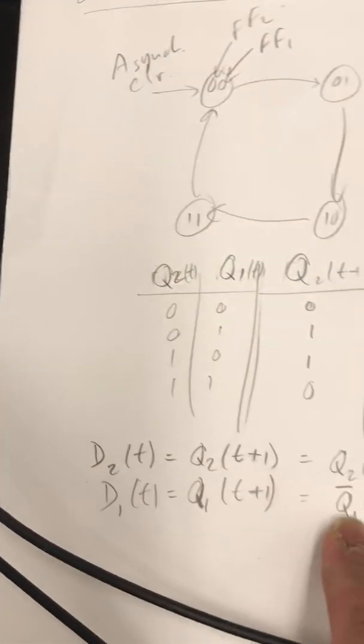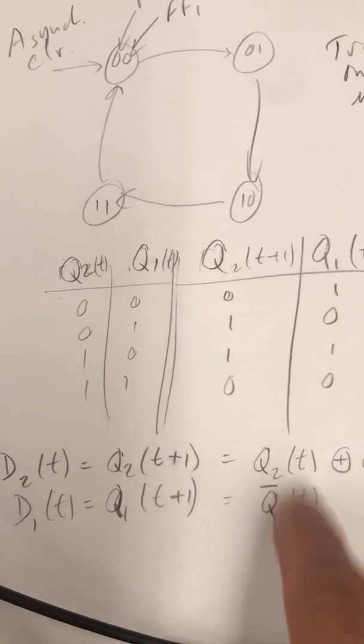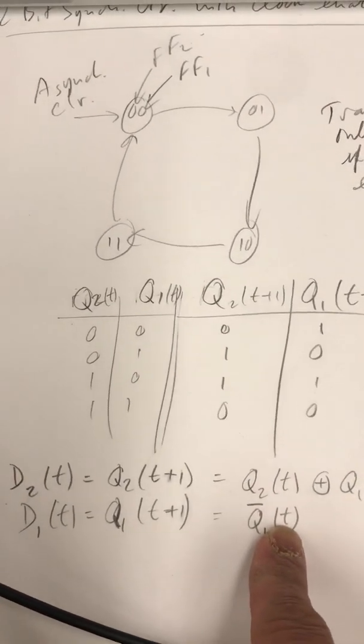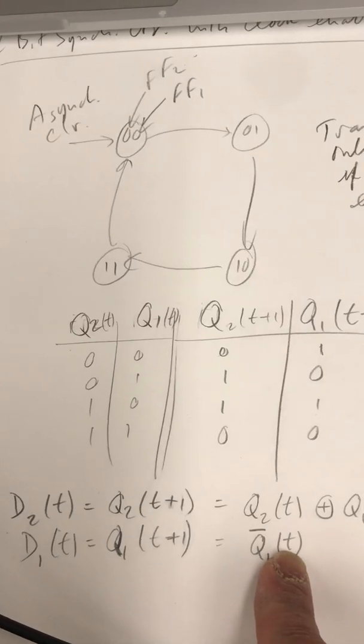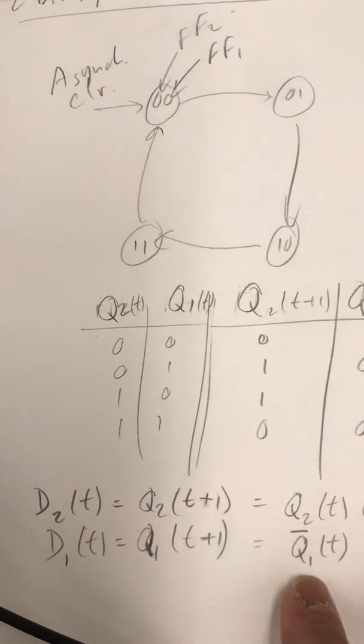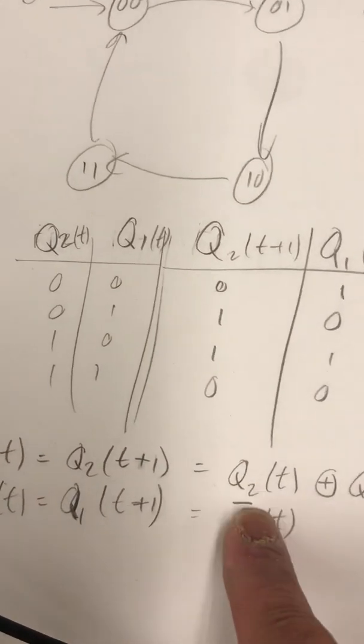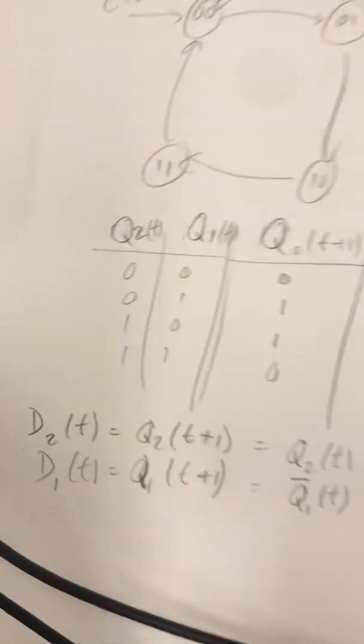And you see there, you need an inversion, but we don't need an inverter because the flip-flops have a NOT Q output. Each flip-flop has a NOT Q output. So we can just feed that right into the D input. We'll talk about that in class. Okay.